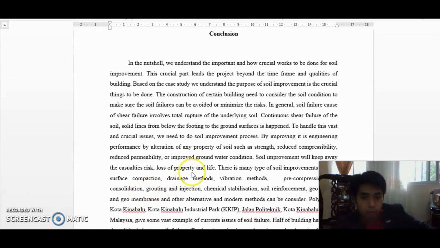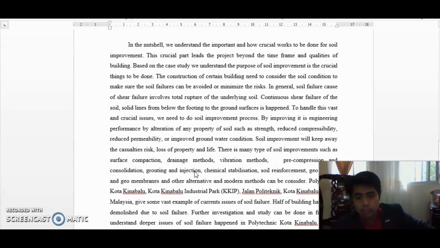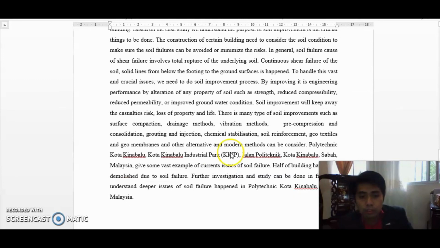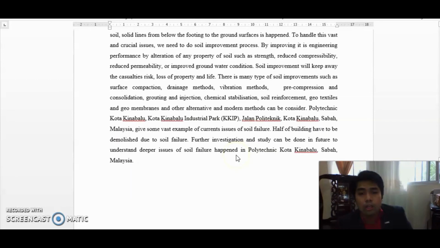We don't want it to happen, such as what we discussed about what happened at Polytechnic Kota Kinabalu Industry Park in Sabah, Malaysia, which is a current issue that happened near to us, where half of the building had to be demolished because of soil failure.